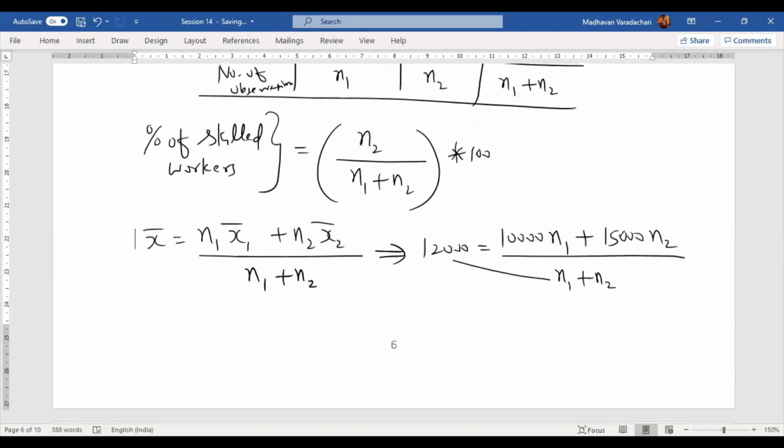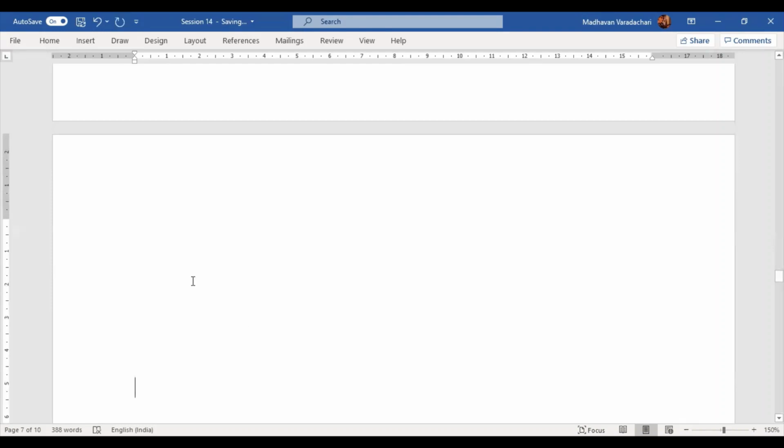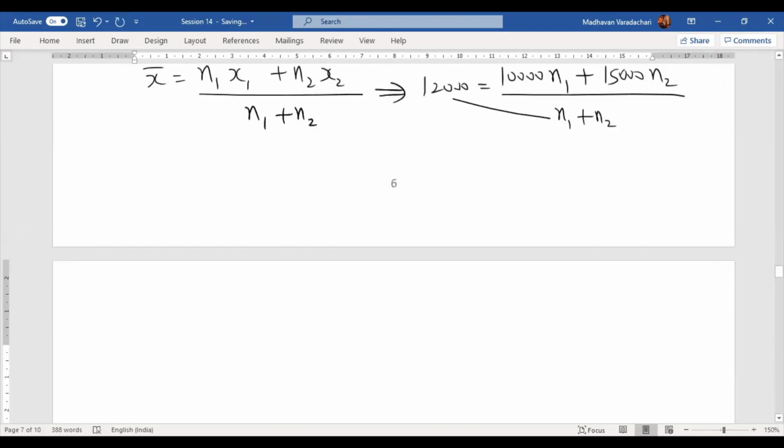Now, by doing a cross multiplication, we get 12,000 times n1 plus 12,000 times n2 is equal to 10,000 times n1 plus 15,000 times n2.